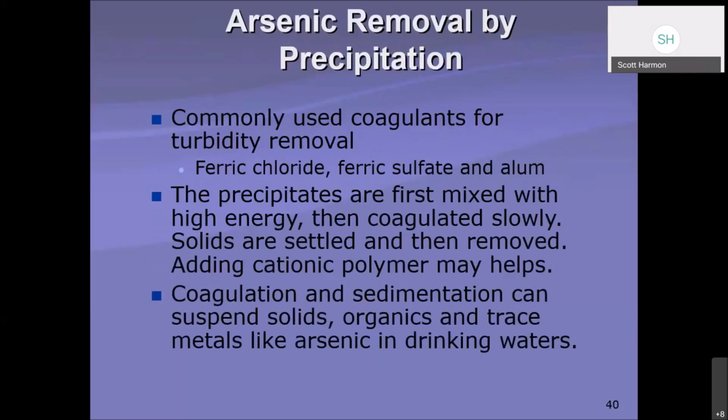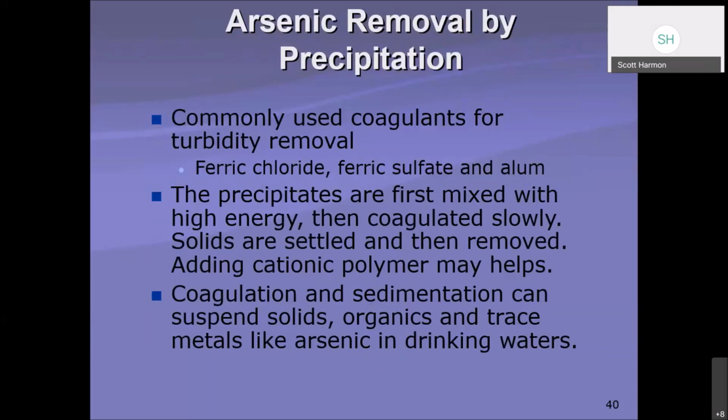So when we're talking about this form of treatment, we're talking about precipitating the arsenic itself. And this type of treatment is commonly used for turbidity removal with ferric chloride, ferric sulfate, or any type of alum-based product. So again, if you went to my coagulation class the other day, we talked about a lot of this. We didn't talk about it as a way to remove arsenic, but the precipitates are first mixed with high energy, coagulated, slow solids are settled, then removed, adding polymers or other type material, right?